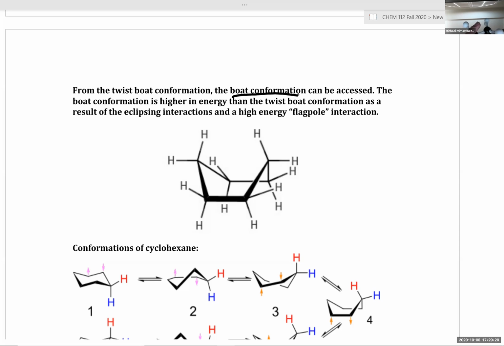And now, as we can already tell, the problem with the boat conformation: we went from the Twistboat, which looks something like this, to the boat conformation, which looks something like this.